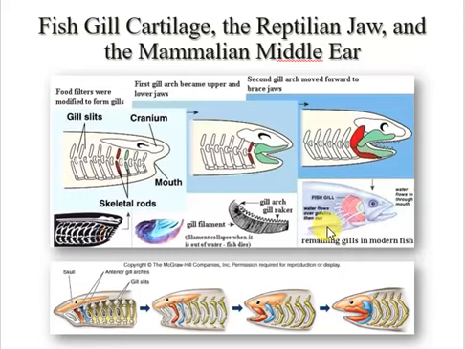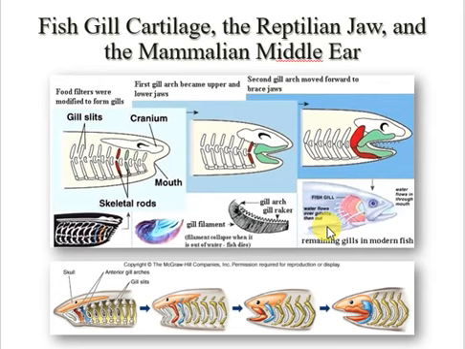Now, one of the most celebrated cases of embryonic homology is what I call the fish gill, cartilage, reptilian jaw, and mammalian middle ear. A lot of people don't recognize that our middle ear structures are homologous to early fish gill cartilages.